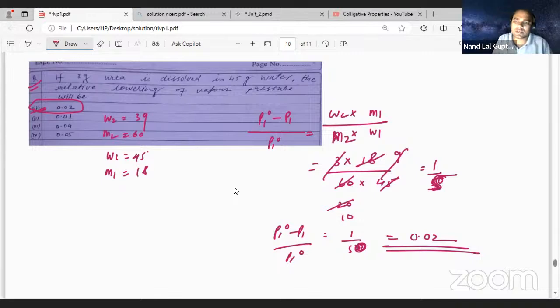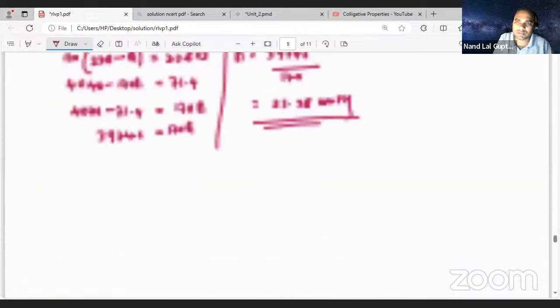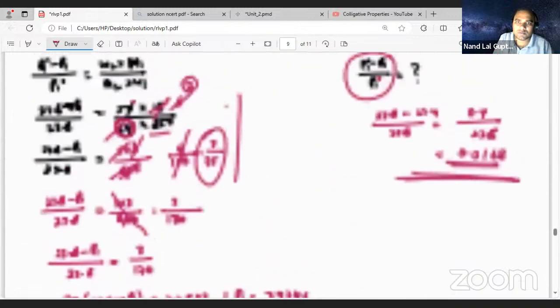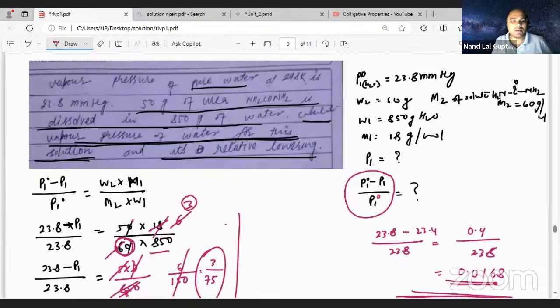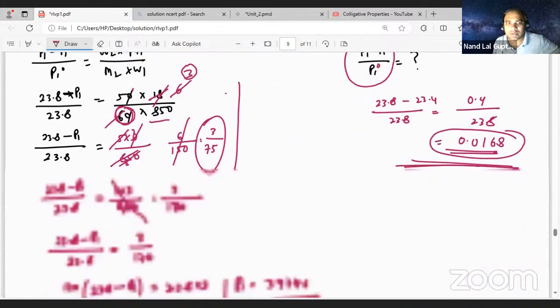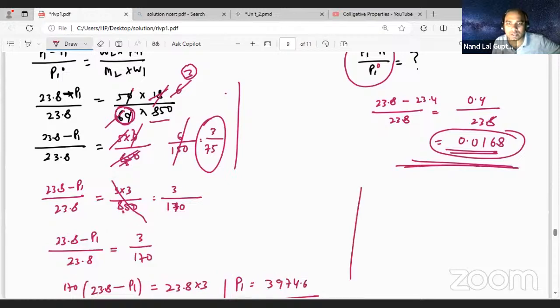In the previous question, let us move a little bit back to the previous question. We can calculate this one also in this term, and the same answer should come, 0.0168. So how can you do this one? Let us do it now.